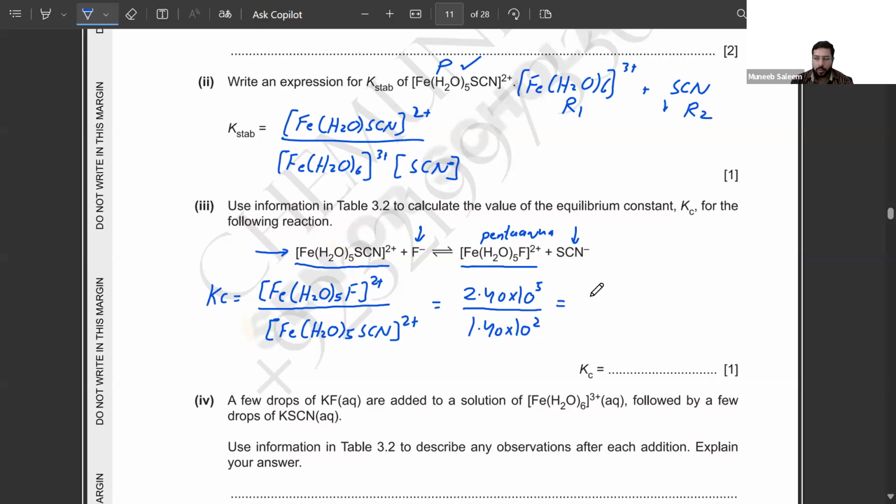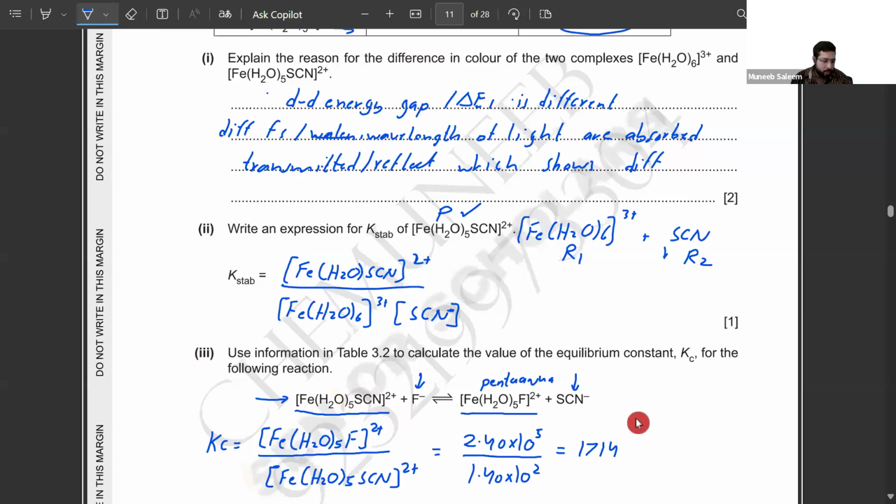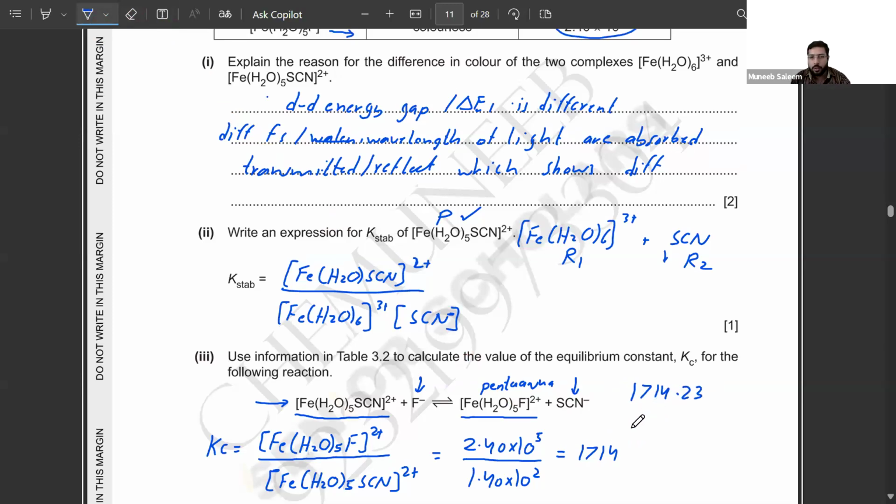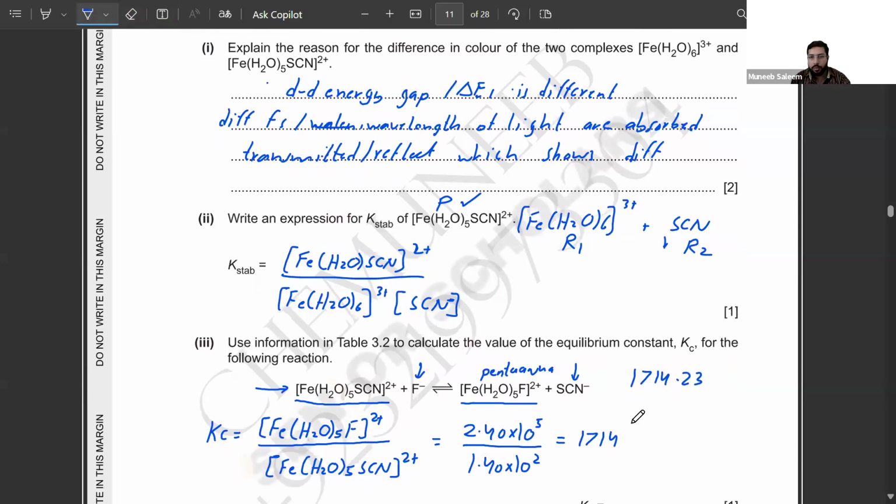So then the value shall come out to be 1714. Although the calculator will give you 1714.23, we have to reduce the value to 4 significant figures here.